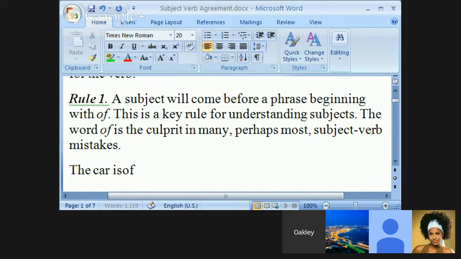Okay. The car is. Mm, the car is good thing. Good. Good thing. The car is good. Good what?